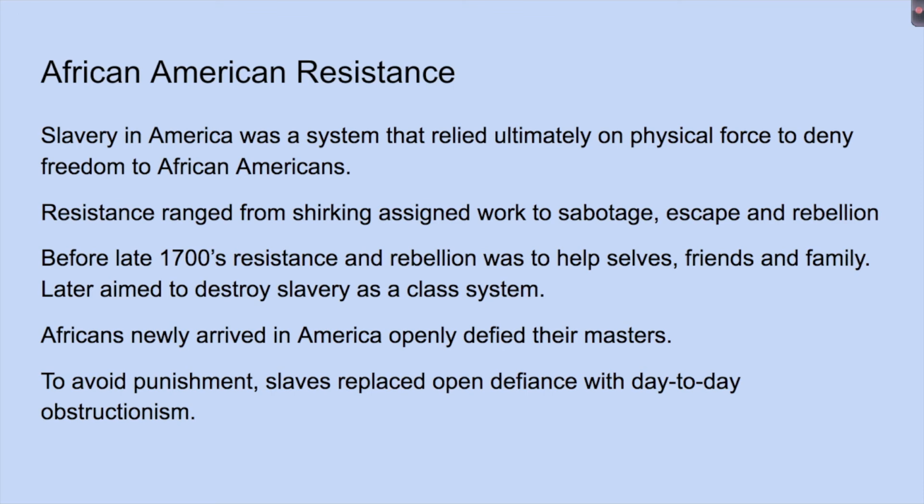And sometimes slaves acted to avoid punishment, because the punishment could be extremely harsh. Slaves would often do day-to-day obstruction. Again, that was passive resistance where you couldn't really put the blame and punishment on one individual, but it would get in the way of the progress of where they lived.